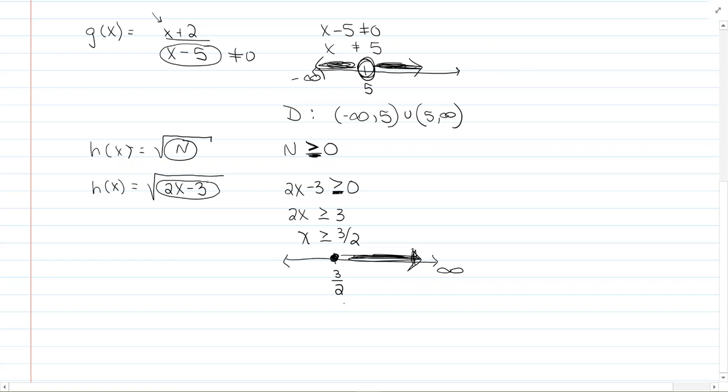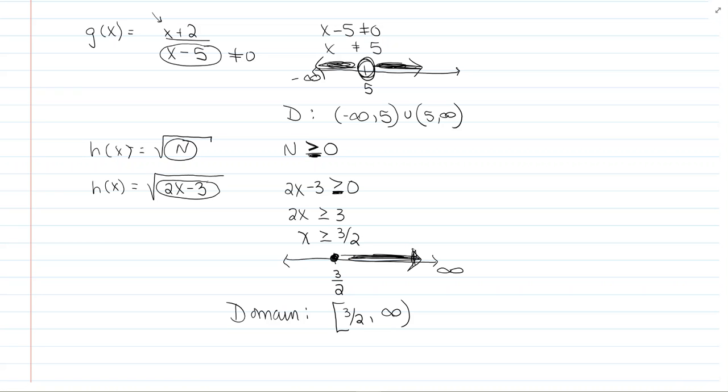From left to right, I start at 3/2 and go out to infinity. This is my domain for this function, which means if I pick any number bigger than 1.5 and plug it back in, I'm taking the square root of a positive number, and that's good. I can't take the square root of a negative number.